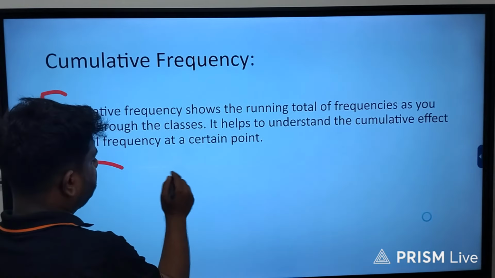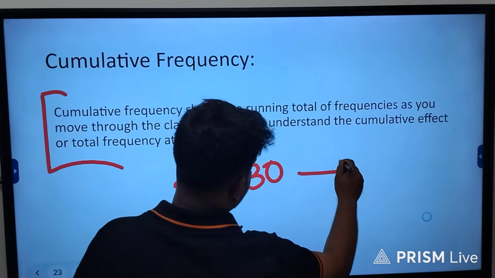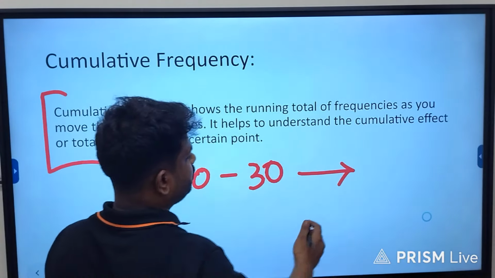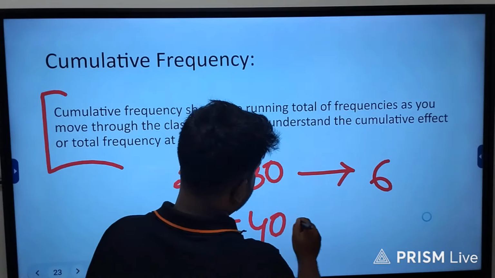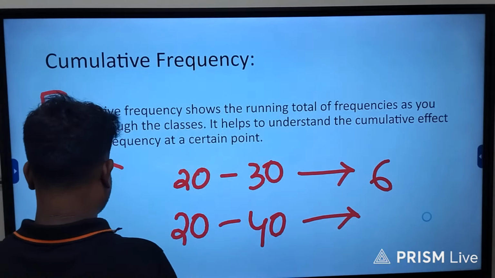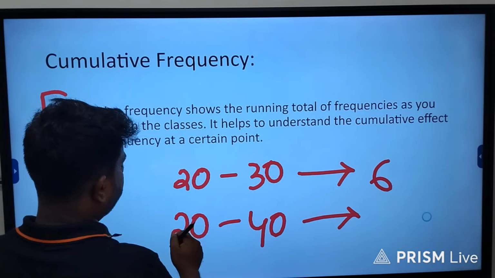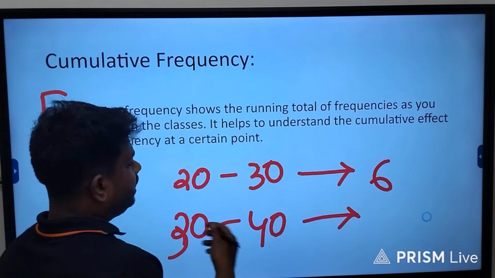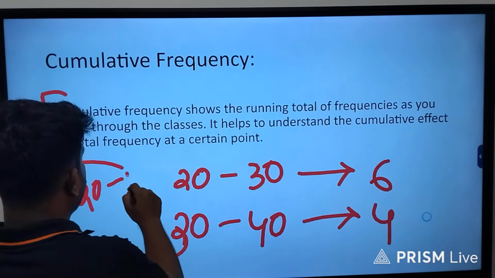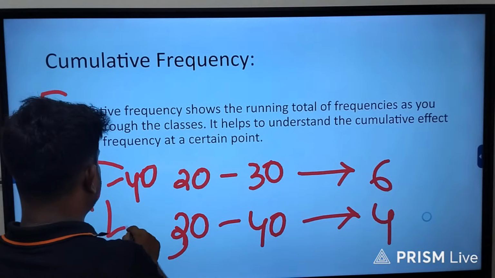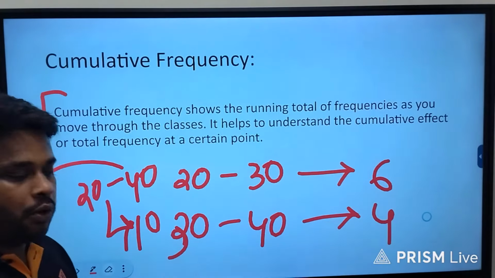So if we have data from 20 to 30 occurring 6 times, and for 30 to 40 that data is appearing 4 times, the cumulative frequency up to 40 will be 10.